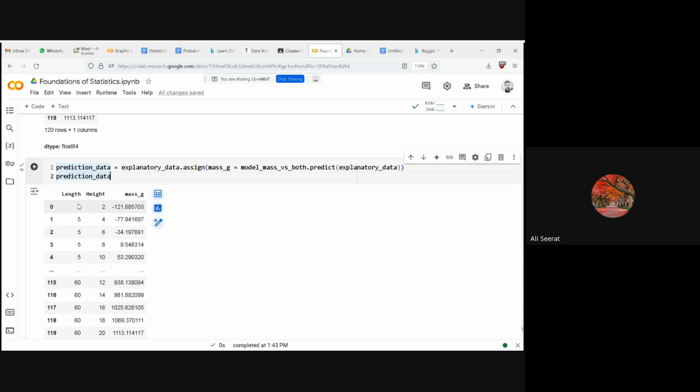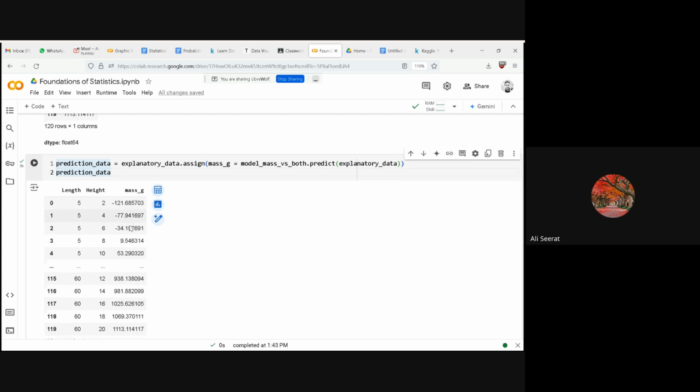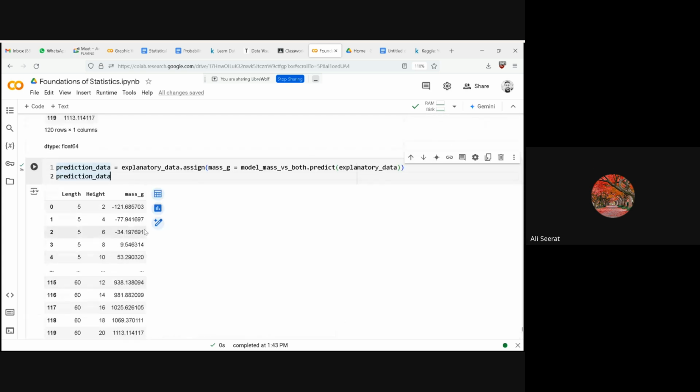It means such a fish with a length of 5 and a height of 2, if you are going through a regression model analysis, the model will not predict such a thing. From a mathematical point of view, it will predict something because this is a linear regression model, based on the linearity and the characteristics which this model has.